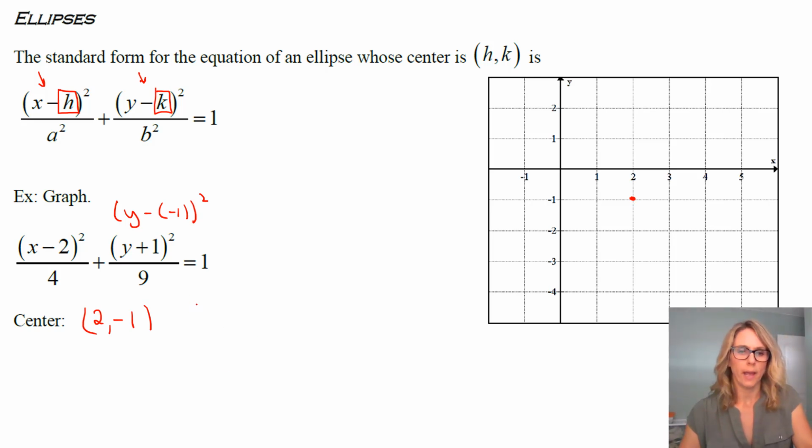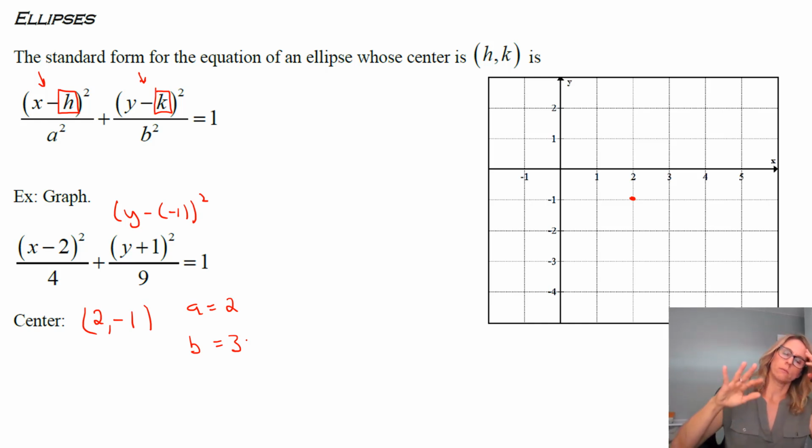We can see that A and B, take a look, think about what our A and B are here. So A is 2, B is 3. And the A is where we're going in the x direction, and the B is where we're going in the y direction.